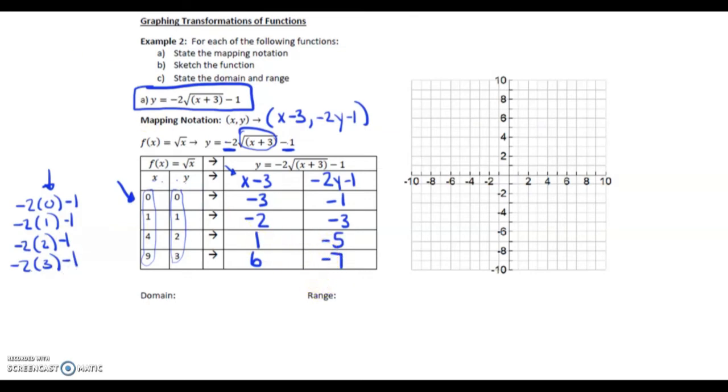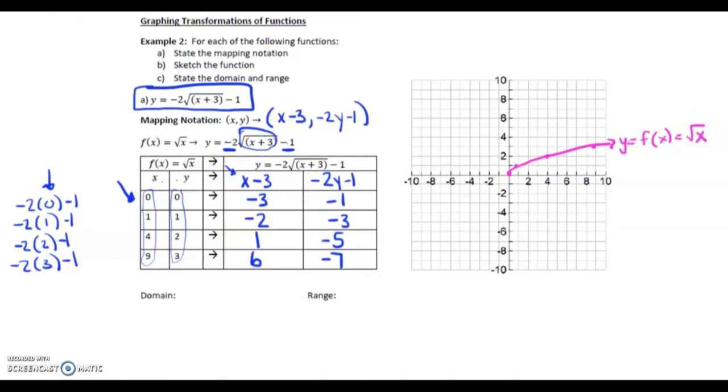So our original function, let me just do the original in purple, is 0, 0, 1, 1, 4, 2, 9, 3. Okay, that's our original, our parent, our base function. So f of x equals root x.